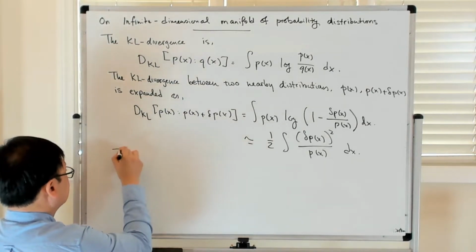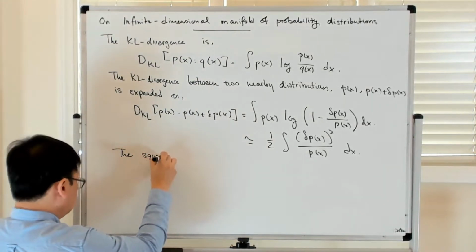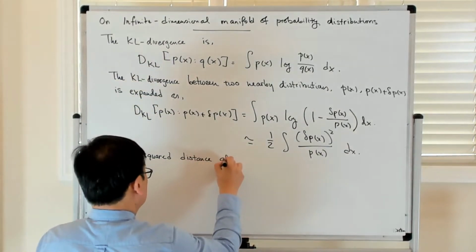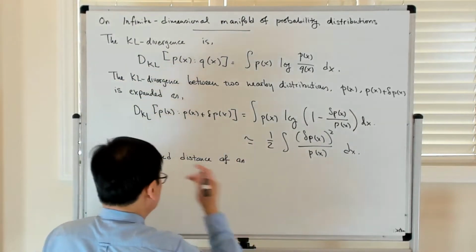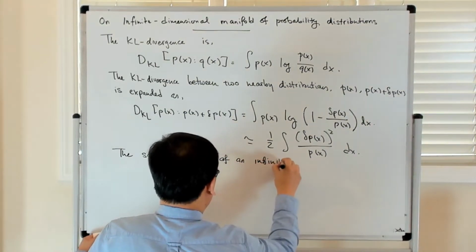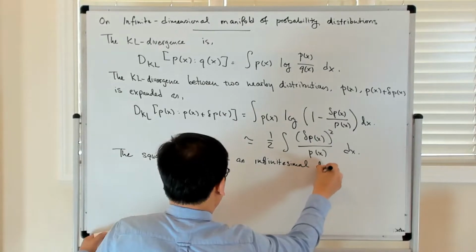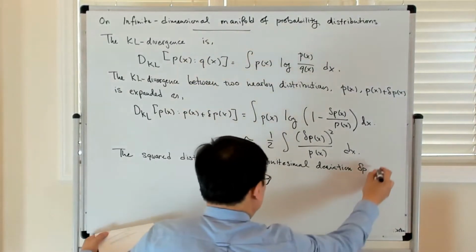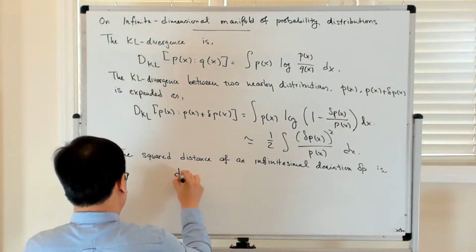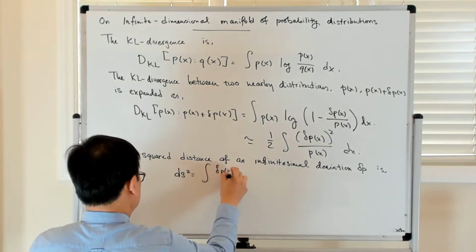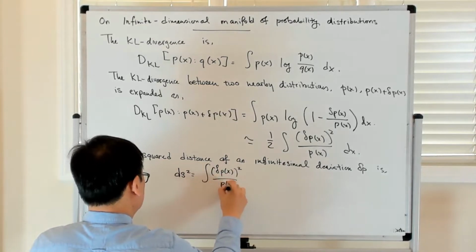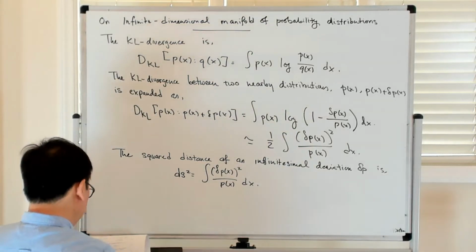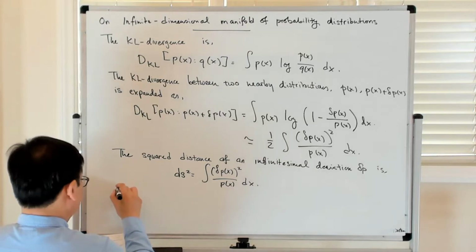So the squared distance of an infinitesimal deviation delta p, dx squared, is equal to the integral of delta p of x squared divided by p of x dx, which is the Riemannian metric given by the Fisher information.